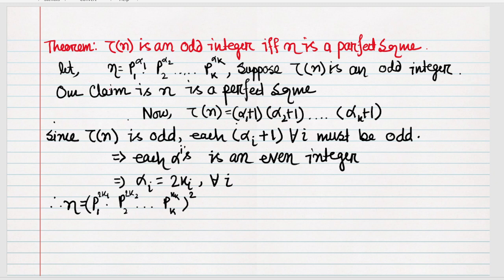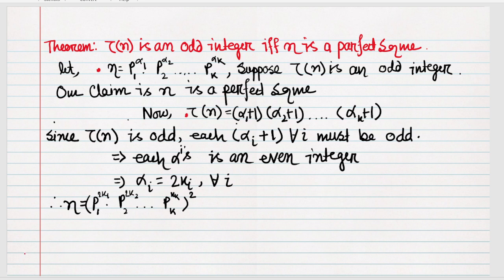Then tau of n equals (alpha1 plus 1)(alpha2 plus 1) ... (alphak plus 1), which is the tau value of the integer n.